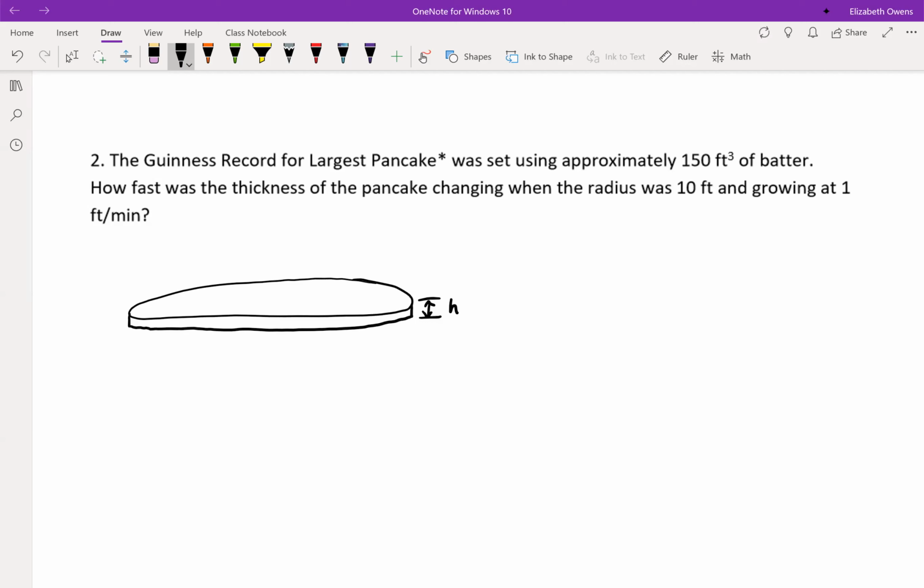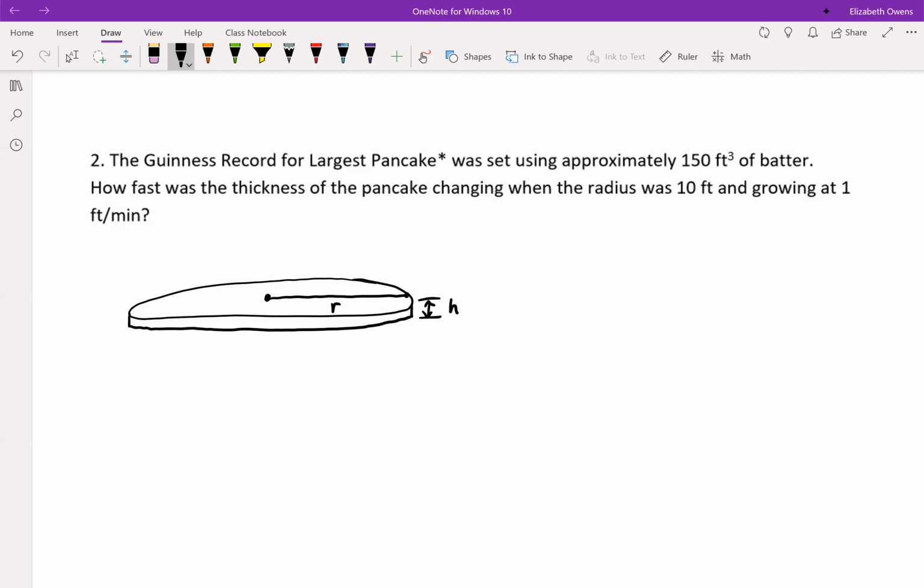And then it looks like the radius is also changing because there's a mention of the radius growing at 1 foot per minute. So let's label our radius here. Okay, we'll call that R. And let's see, are there any quantities here that are constant?